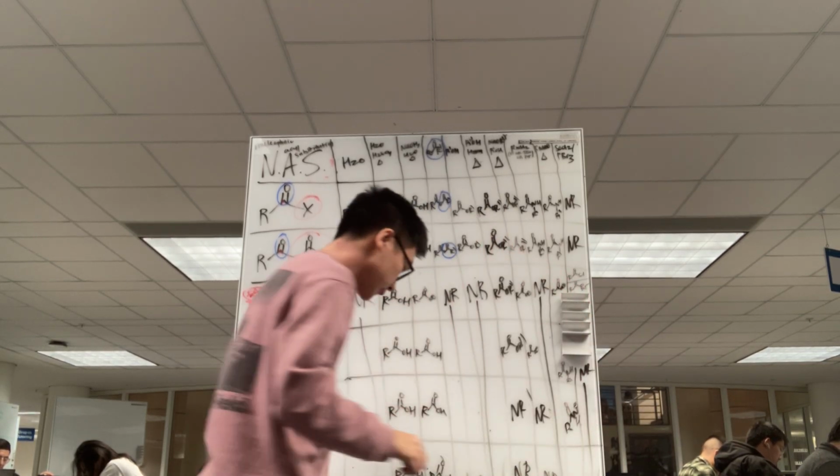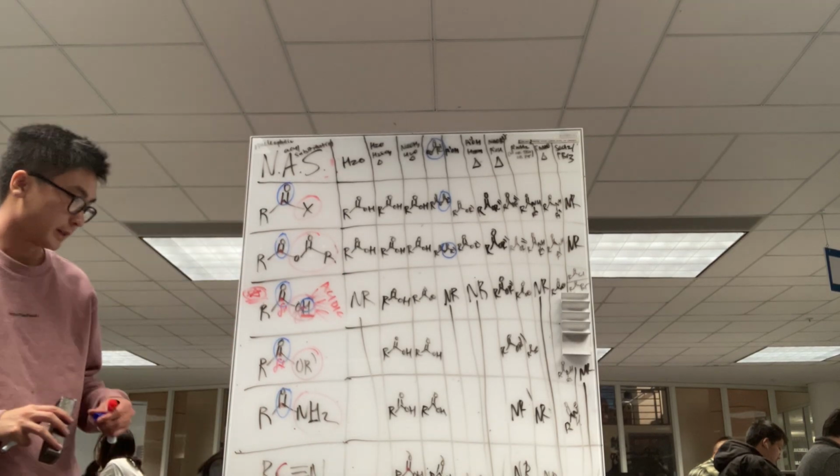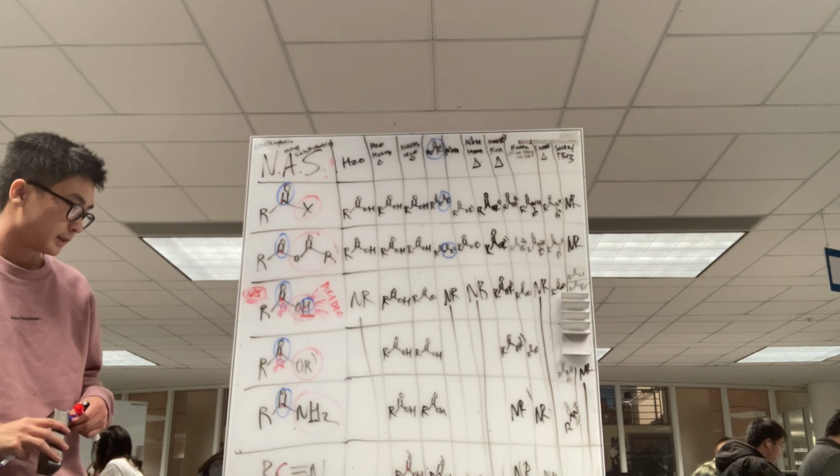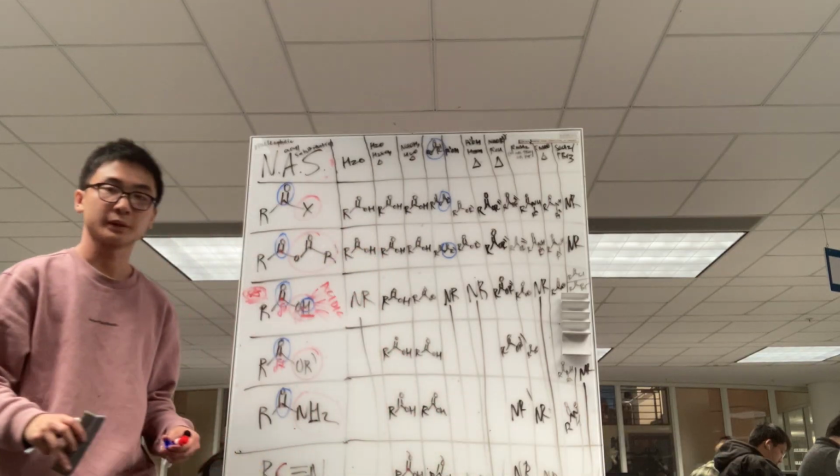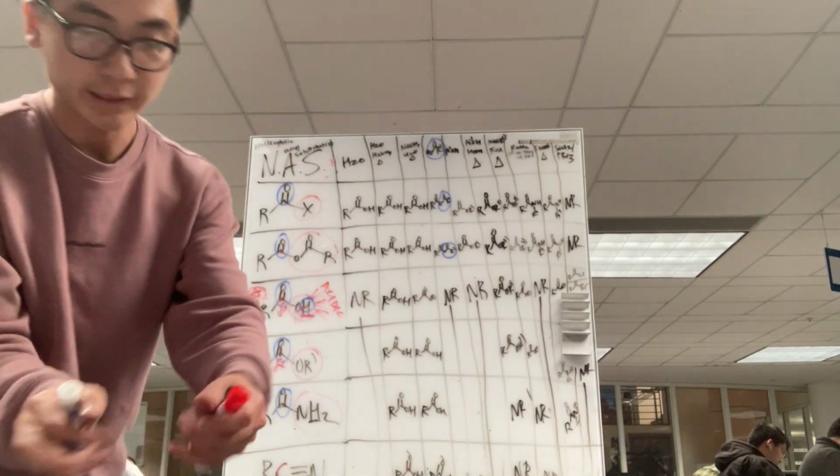We basically substitute this bromine with this amine using this neutral amine right there. We were able to do that in one step because this acyl halide here is more reactive than this amide right here. But let's say we try to do the reverse, like this.